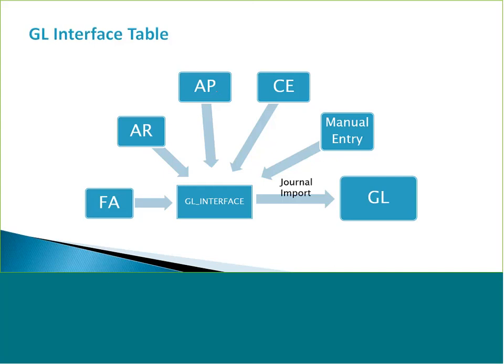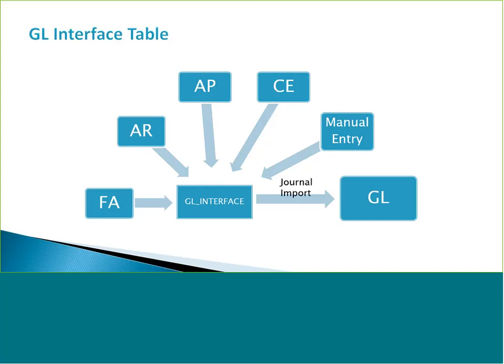So the validation takes place on a per source basis. So it looks at information from AR, then information from AP and CE, like that, before it is imported into the general ledger.